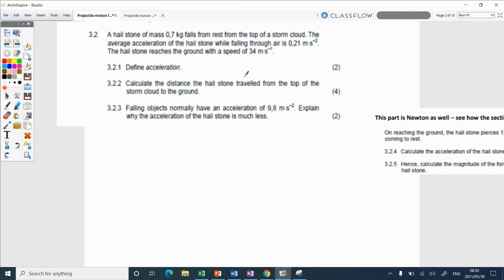All right. So calculate the distance a hailstone traveled. When you get a question like this, what are you going to do? Decide what you have. This is where I just go UVAST and put everything in there, but that's the same for you guys. So that will just be Vi, Vf. UVAST is just nice to say.